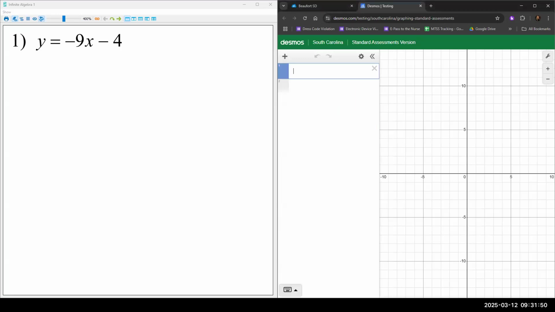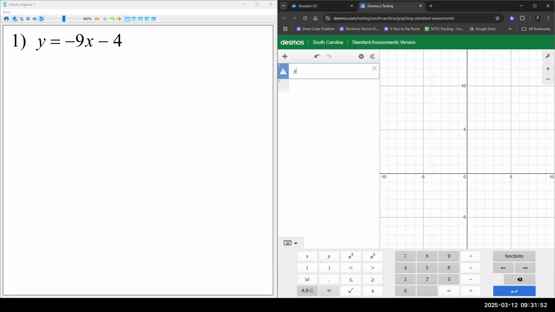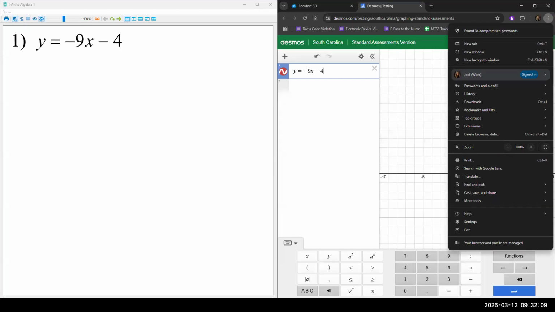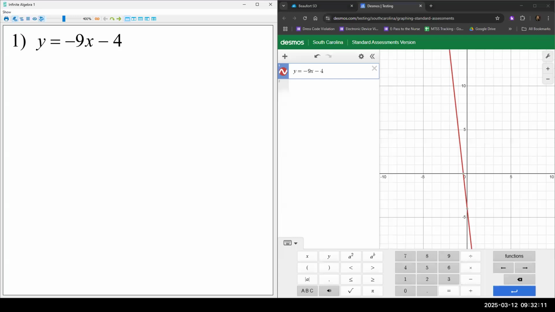I'm gonna type out my equation just like it looks. So I typed it out how it looked.